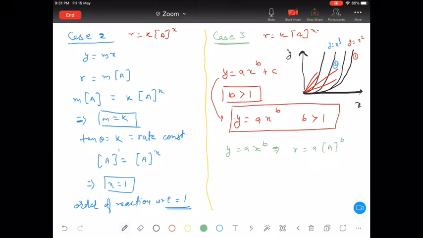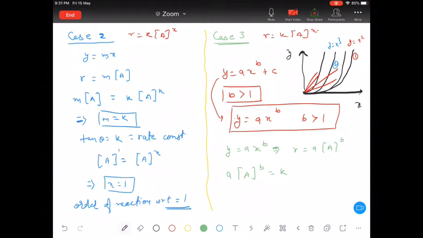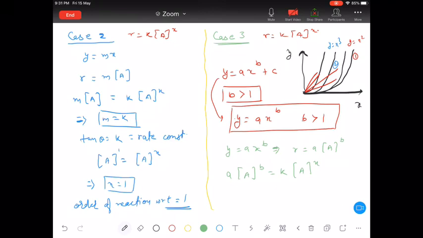So if I compare it, I'll be obtaining a to the power b, that is equal to k a to the power x, where this is not the x of the x-axis. This is the order of reaction, or you can take x or n, no problem.